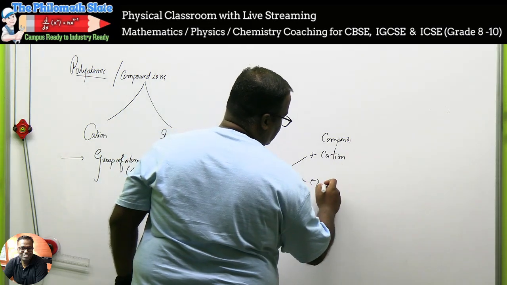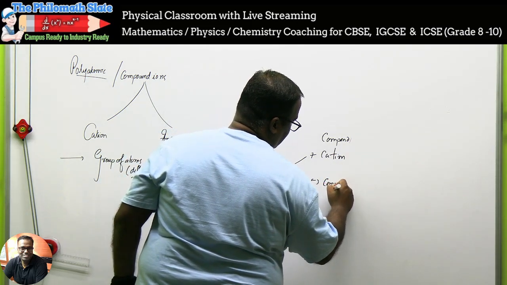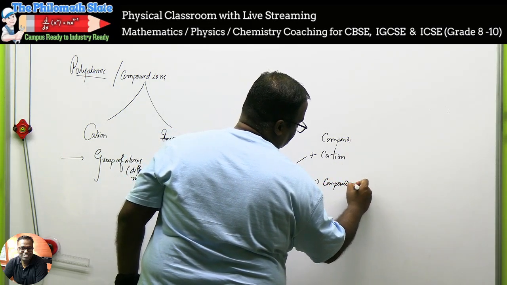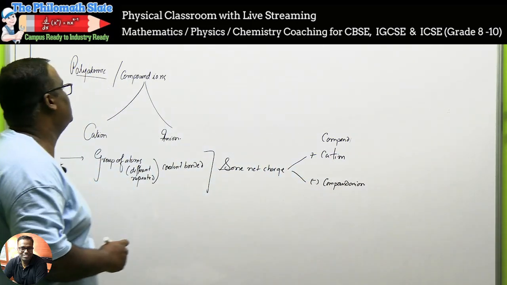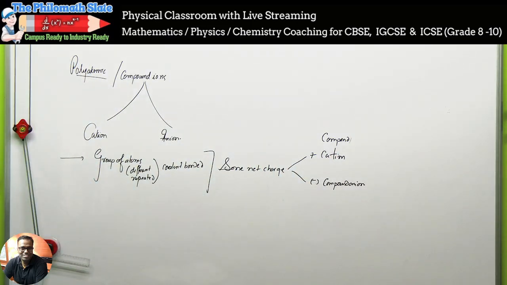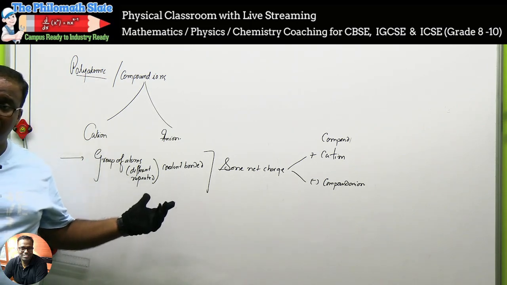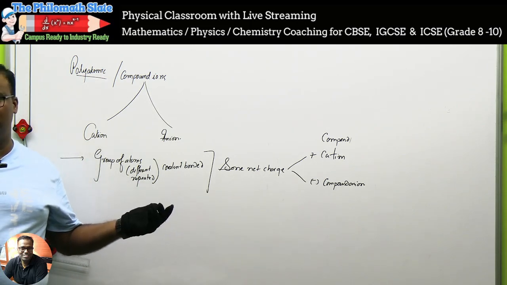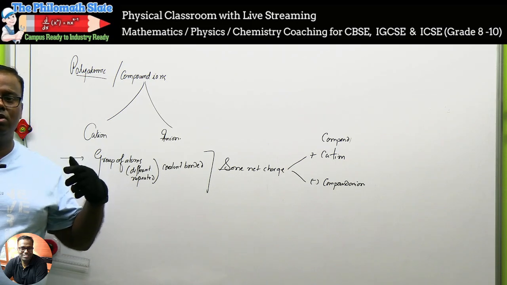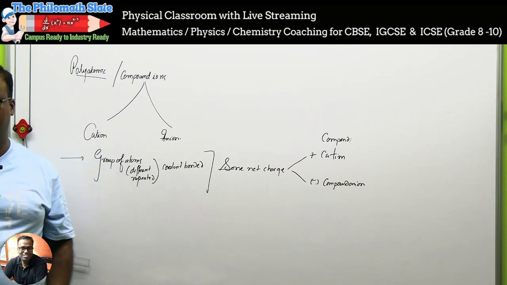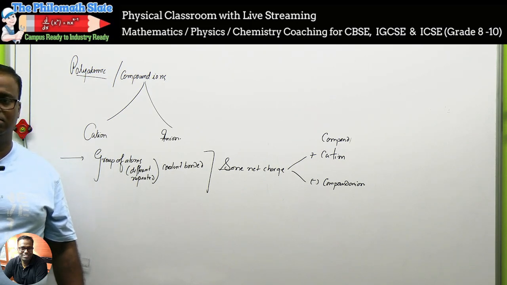And if it is negative, it will be compound anion. देखो बच्चा समझ में आया कि नहीं? Try and understand. Compound ions can also be cation and anion. Here we will have a group of atoms, different, and there can be repetition of an atom also. These atoms will be bonded in covalent bonding, and there will be a net charge.